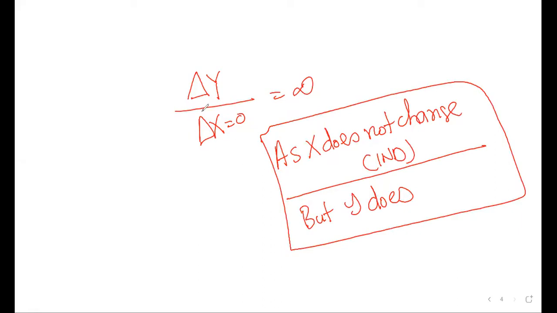Del x is equal to 0, that means x is not changing, but y is. ভার্বালি আমরা এটা বুঝি, কারো সমস্যা আছে কিনা? আচ্ছা, let's try to visualize this.